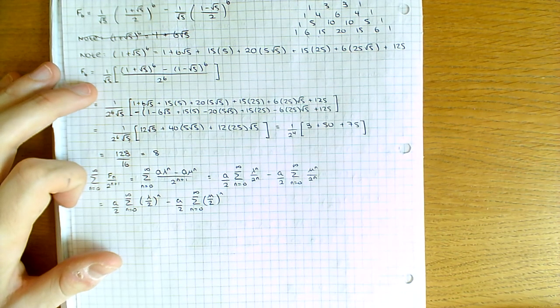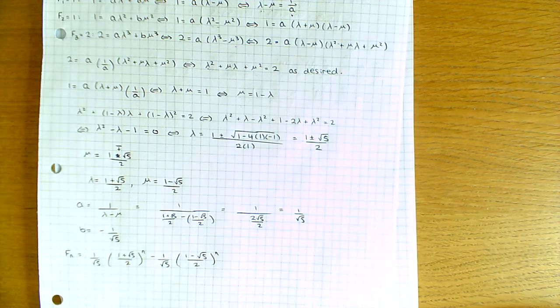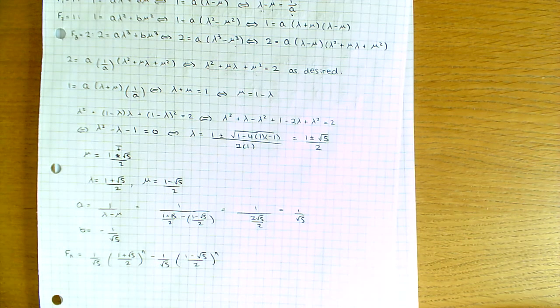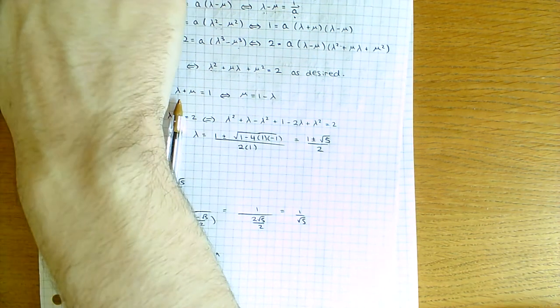They do converge. How do we know they converge? So lambda we showed was 1 plus root 5 over 2, so lambda over 2 is less than 1. Is that something we need to prove?